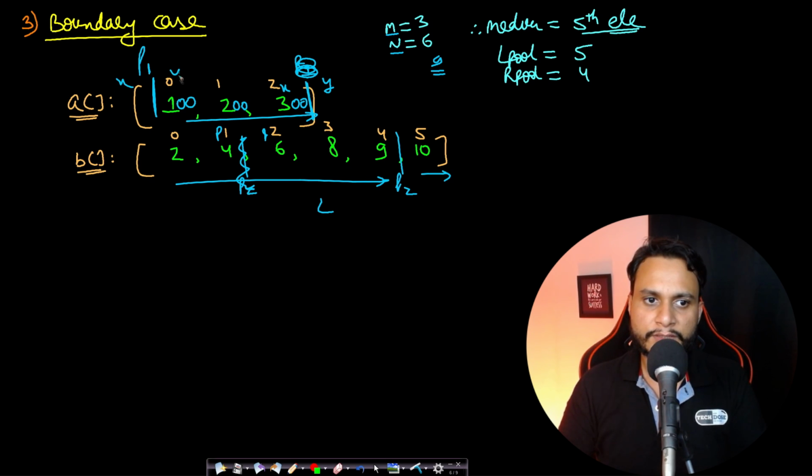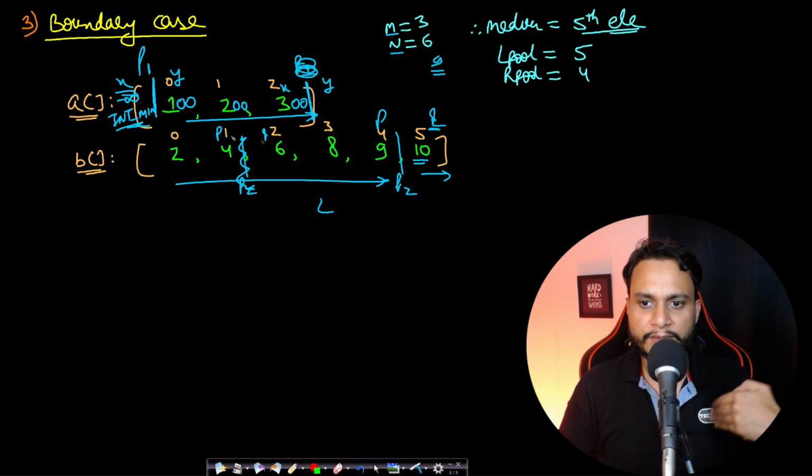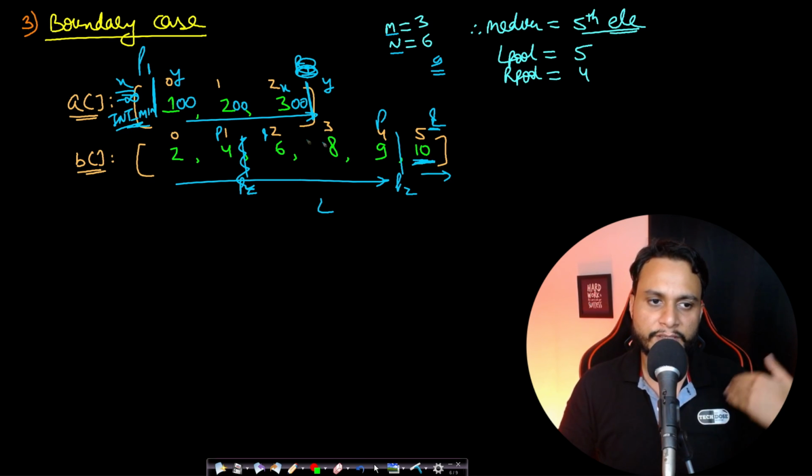So this is your X, this is your Y, this is your P and Q, but then X doesn't have any element. Hence, I will be inserting minus infinity or integer minimum, so that the comparison is easier. If you compare this Q with the out of bound element on the left side, then this element must always be greater than or equal to the left-hand side out of bounds element.